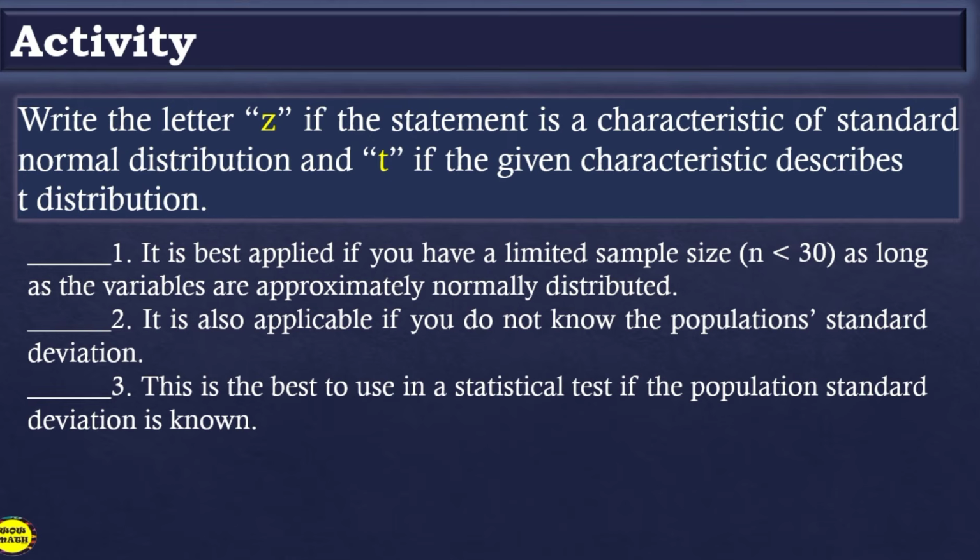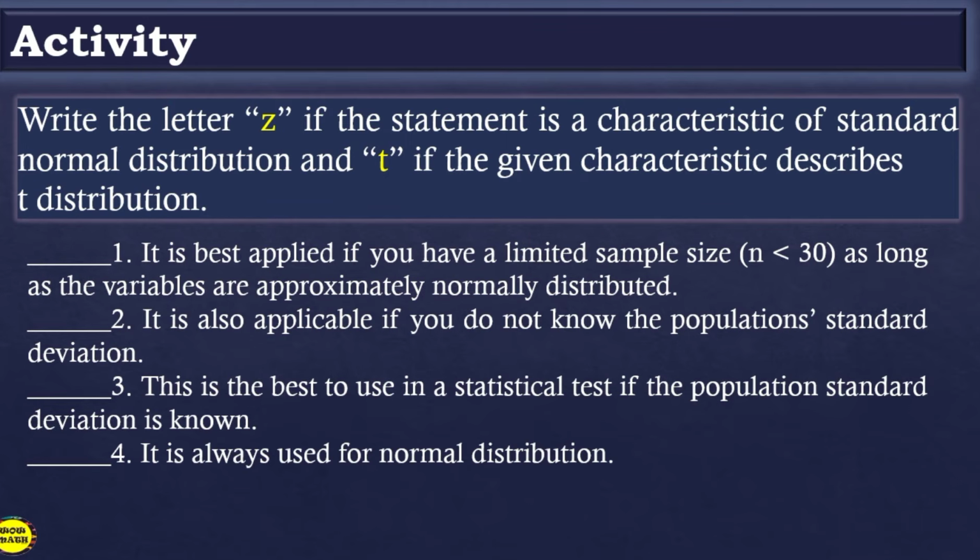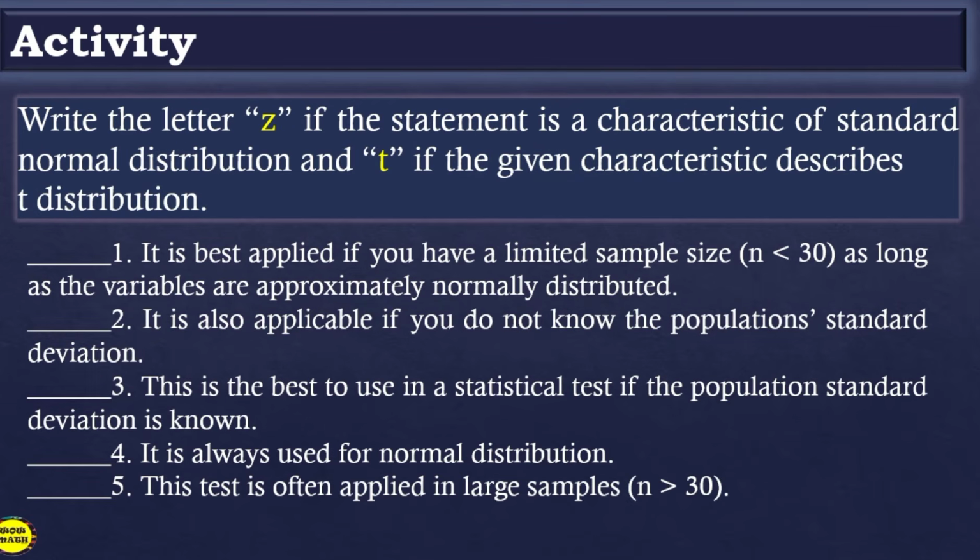Number three, this is the best to use in a statistical test if the population standard deviation is known. Number four, it is always used for normal distribution. And number five, this test is often applied in large samples, so your n is greater than 30.